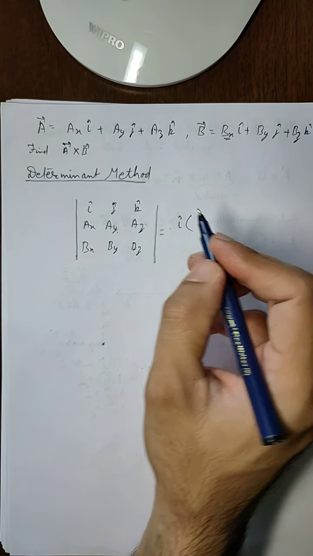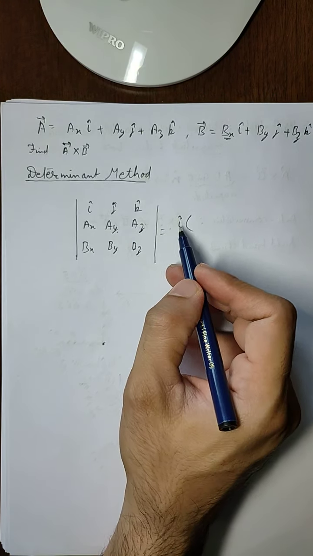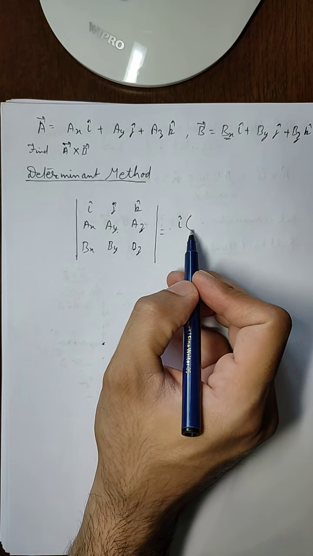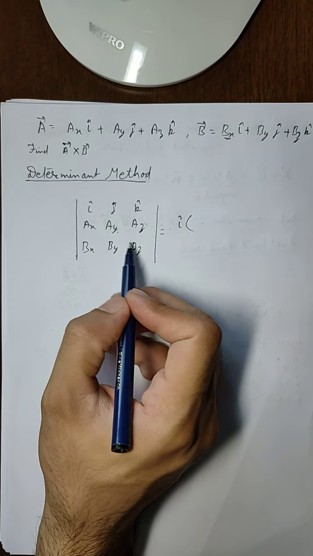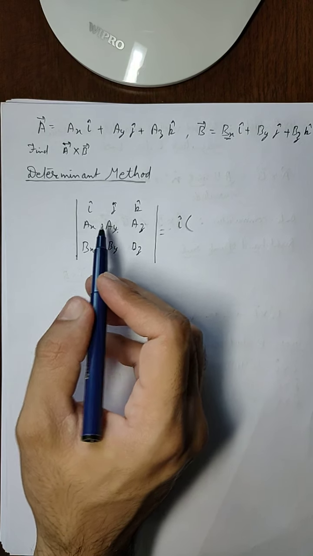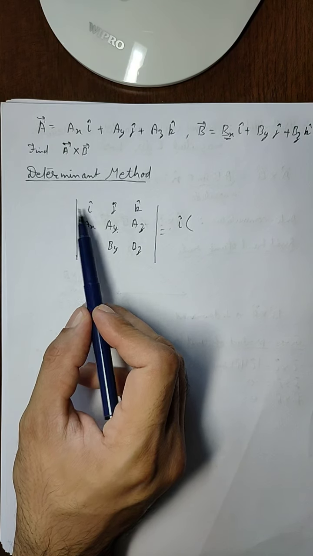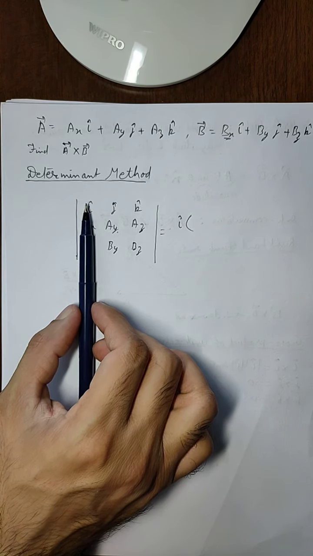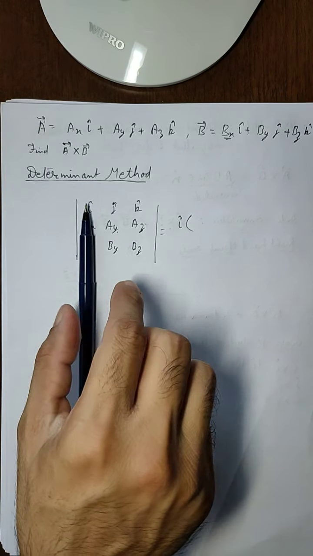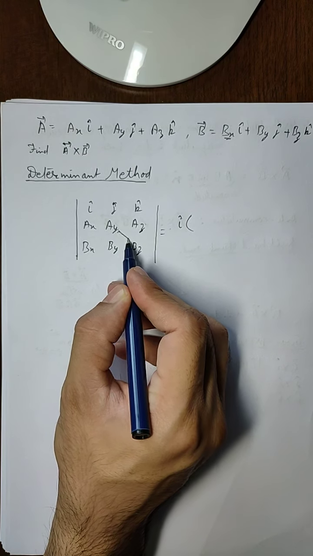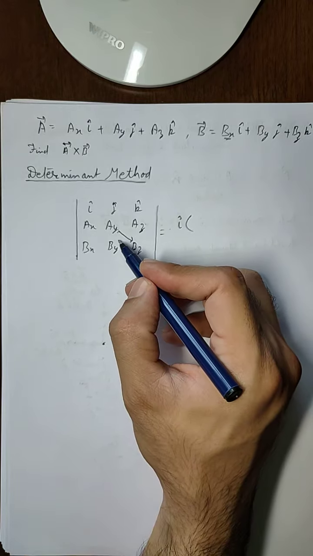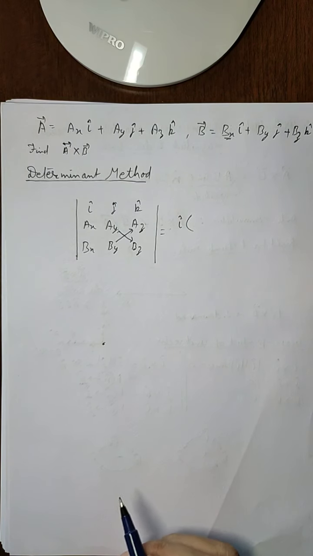We'll put this i cap here, and there will be a bracket, and inside the bracket we will cross multiply these two quantities. So when we are using i cap, we will not use Ax and Bx. What we are going to do is multiply these two minus the multiplication of these two.